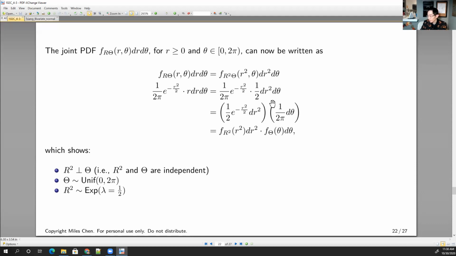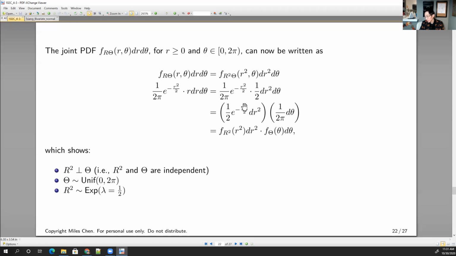And if we look at this, this is now going to be the product of two PDFs. I've got 1 over 2 pi d theta. This is the PDF of a uniform distribution on the span 0 to 2 pi. So we can say this is the PDF of theta if theta is a uniform random variable on the interval 0 to 2 pi.